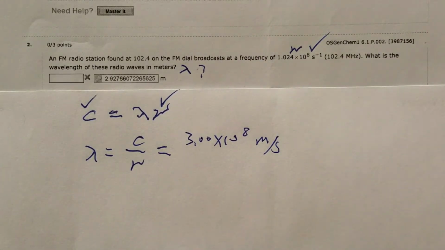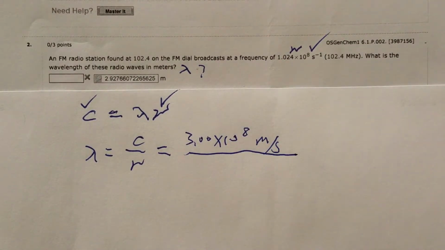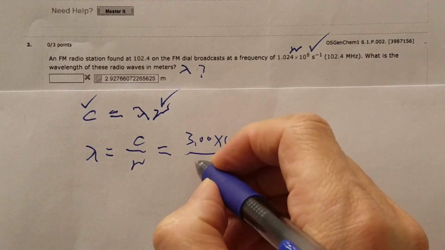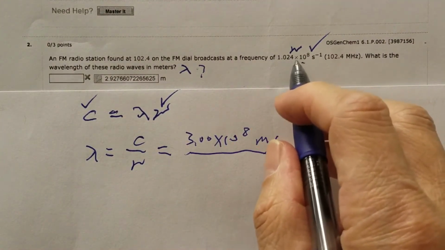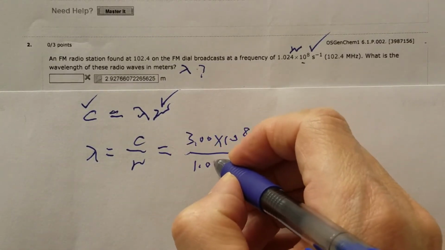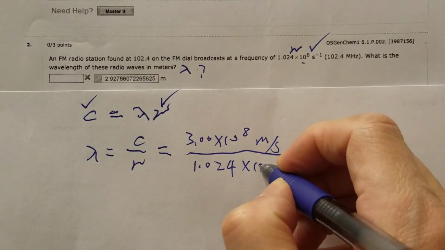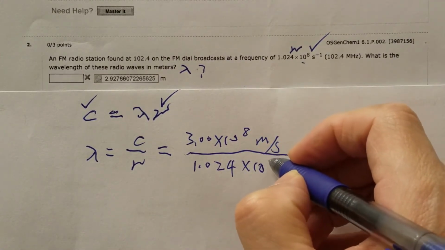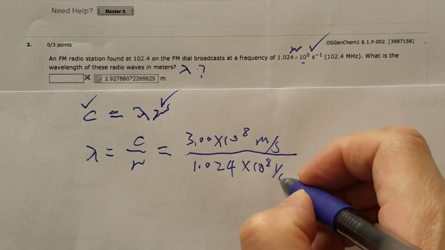All right. Okay. And now on the bottom is the frequency. We convert, you see it's right here, 1.024 times 10 to the 8th, and that's 1 over second.